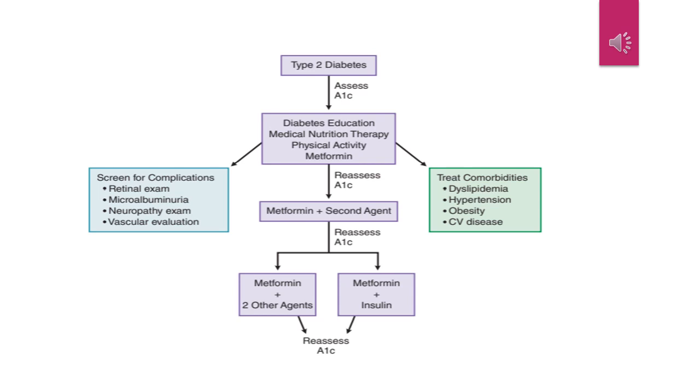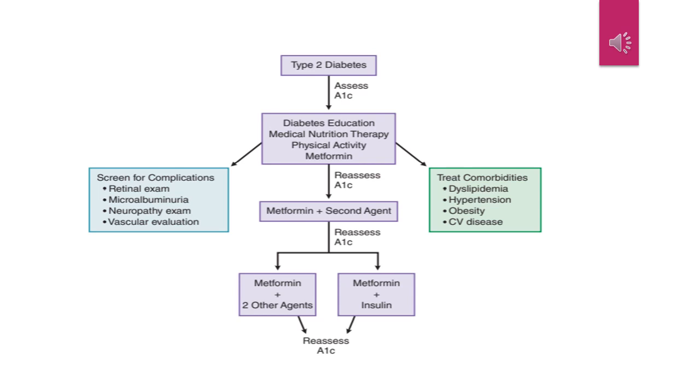Now, one thing we need to keep in mind is that when a patient develops impaired blood glucose or type 2 diabetes mellitus, they usually do not seek a doctor's advice in the beginning because they usually do not have any problem in their lifestyle.